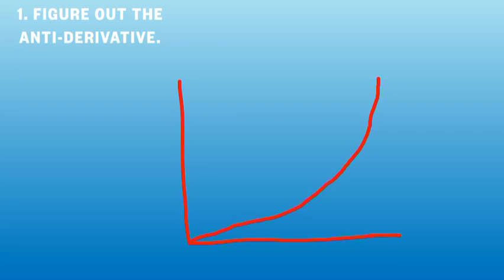so when you figure out the antiderivative, you figure out a new function. So instead of summing a whole lot of areas, each of these areas corresponds to a value on this. So this corresponds to this, and this corresponds to this.